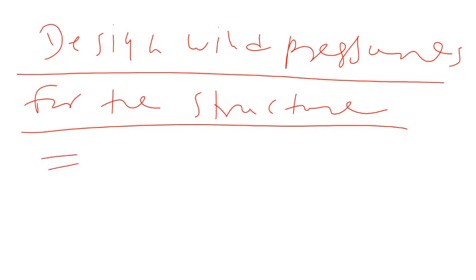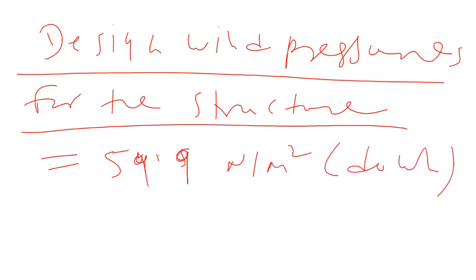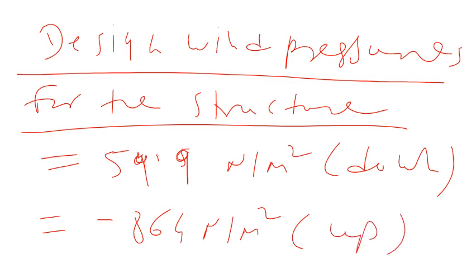The highest of the positive value will be 59.9, so this is the highest downward, 59.9 Newton per meter square down. And the highest of the negative value is minus 864 Newton per meter square upward. So these are the design values. This is the answer we were asked to find. Thank you.